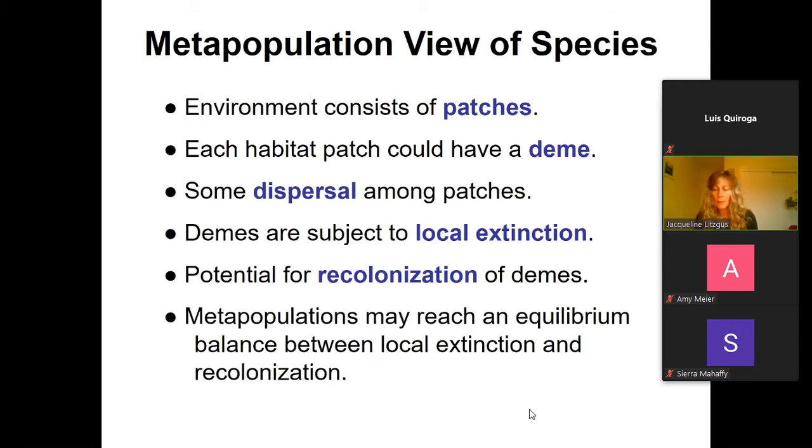And so metapopulations can reach or approach an equilibrium number of individuals. That's a balance between local extinction and recolonization, right? So it's going to be a winking in and out of individuals, but overall, for the whole metapopulation, there's some stability, though again there's this movement around and these local extinctions and recolonizations happening over time.